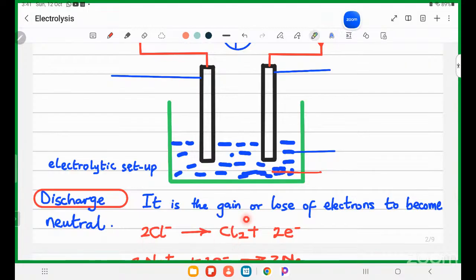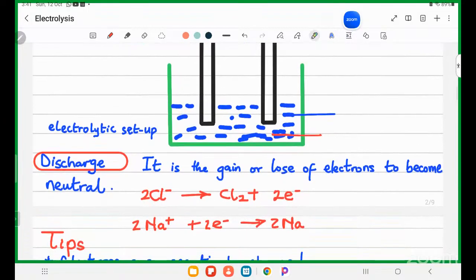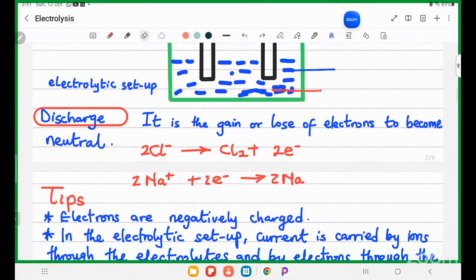But because chlorine is a gas and we need to balance, we add two, which means it is losing two electrons. Similarly, sodium is gaining one electron. We put two for chlorine to balance it, but one electron is okay for sodium. If we write the overall reaction, we might need to add the two there. So that is discharge.